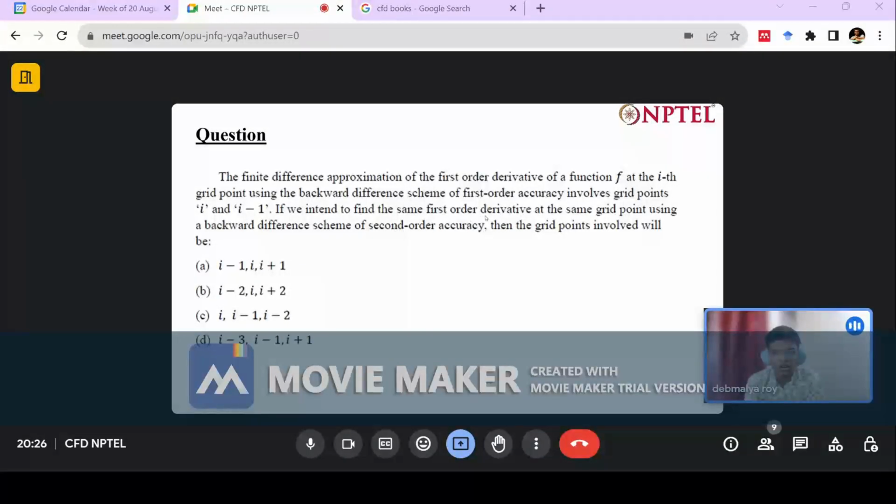A second order accuracy we will try to find with a backward difference. So what will be the answer? It won't be i plus 1, it won't be i plus 2, so only this option is remaining, and we will use this. This is our backward difference.